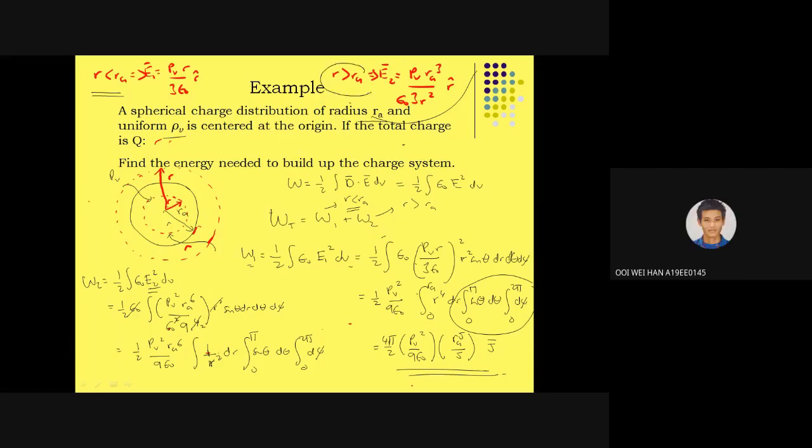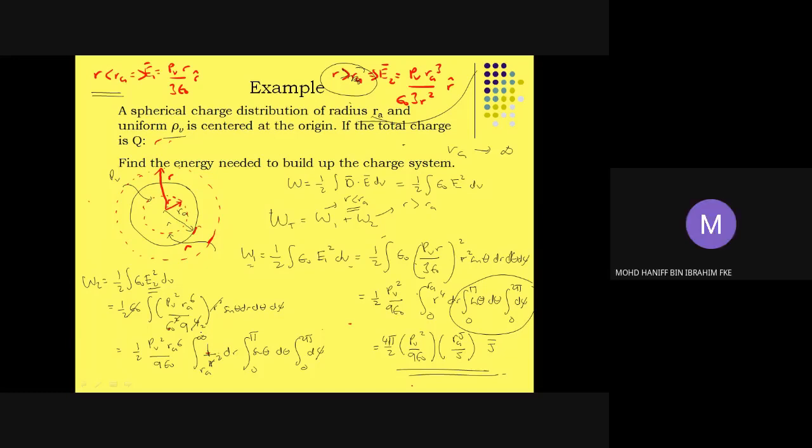Ra until R, is it? Ra to infinite. Yeah, because I mentioned here that R is bigger than Ra, right? So bigger than Ra, which means that the range for the R here shall be from Ra and it can go up to infinite. Okay, is that clear then, Wei Han? Okay, all right, good.